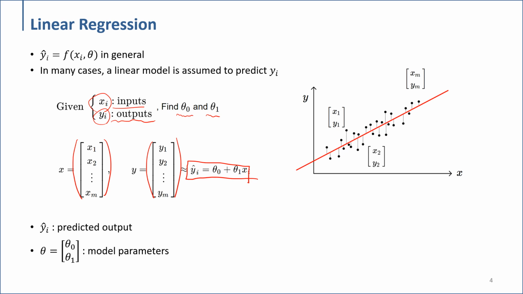And let's assume that you have some m set of data. So you have m pairs of experimental data. Then the thing you need to do is construct proper X and Y matrices, where each row represents the data for each experiment.